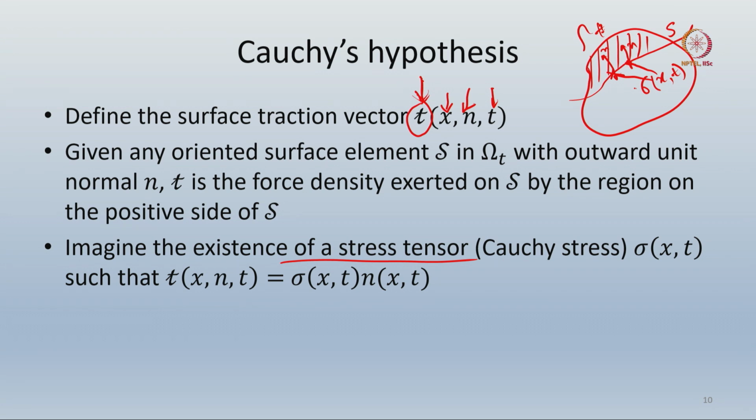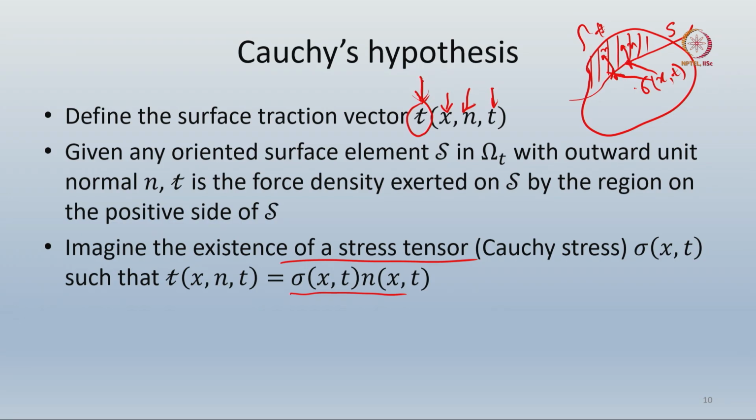So, if you take this sigma on the surface, think of sigma as a matrix field, and multiply it by the unit outward normal at any point on the surface S, then you get back this traction T.